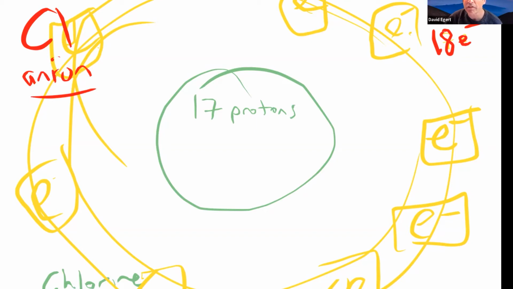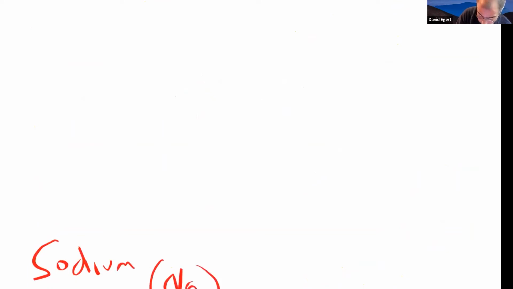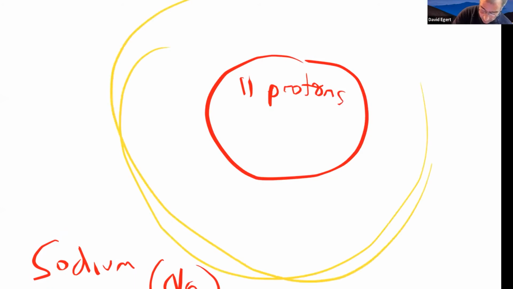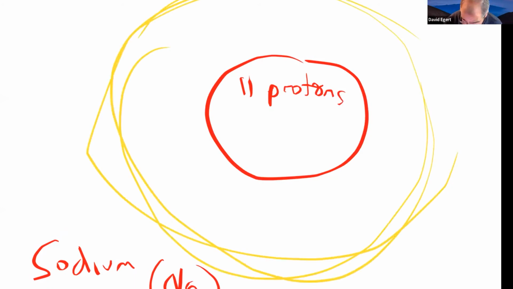You get a different situation with things like the first column of the periodic table, where they only have 1 electron in the valence shell. For instance, if we have sodium, we have 11 protons. And then if we go into the orbitals of the electrons, the valence shell, the outermost shell, has 1 electron.